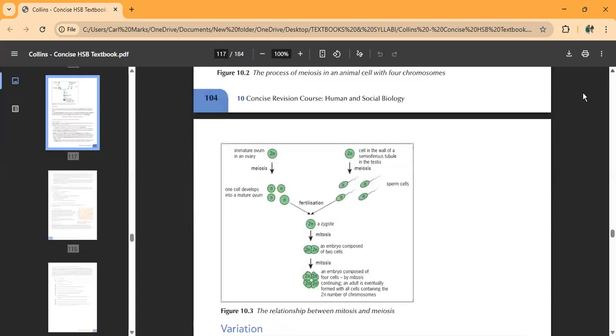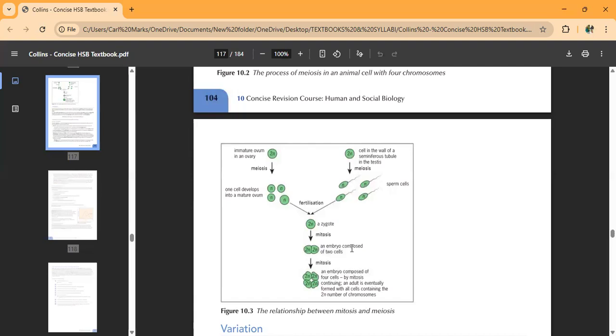All right, so they have a nice diagram here. So these cells, let's take for instance the eggs and the sperms, each one has 23 chromosomes. When fertilization takes place, the two combine, and the cell they make will now have 46 chromosomes.